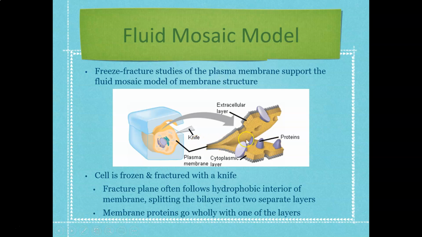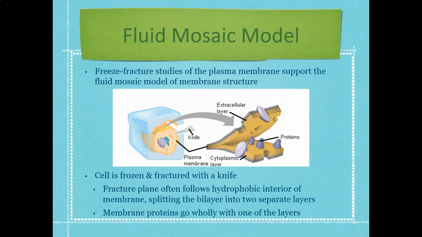There's nothing holding those fatty acid tails to each other other than their attraction to the same environment. And so when you cut it with a knife, you're able to fracture it into pieces, into layers. Much like if you've ever hit things like slate, and you get those flakes of layers that come off of it. That's kind of what's happening here with that cell membrane.